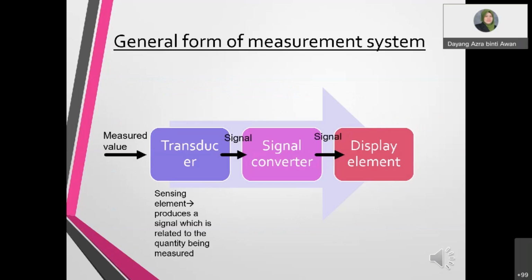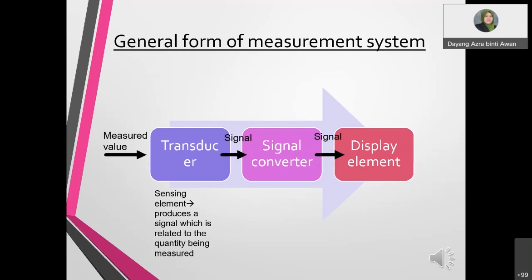So this is a general form of a measurement system. Of course, if you want to measure, you need to have a measured value. You have a transducer. The transducer is what we call the sensing element. It produces a signal which is related to the quantity being measured.